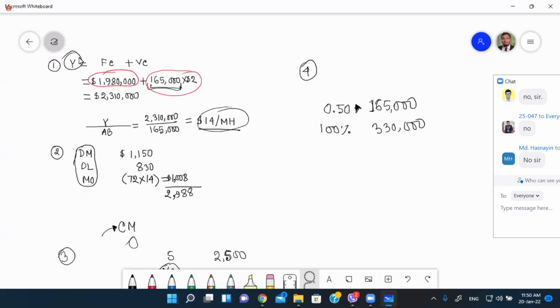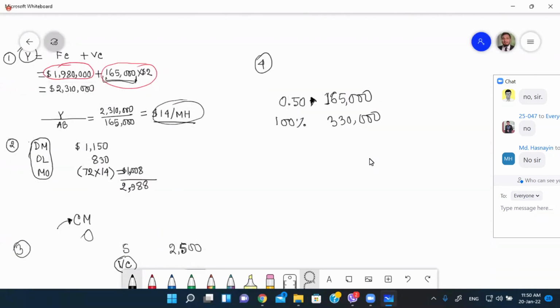It is possible in this whiteboard, not possible in a physical whiteboard. So I'm not getting it right now.